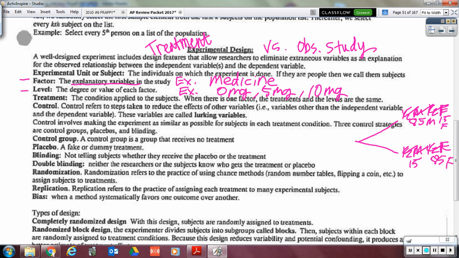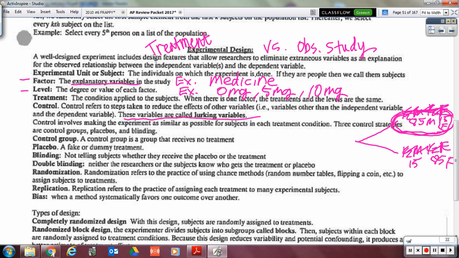What happens if estrogen has an effect on the drug? What happens if this group does better? Can you tell if it's the drug that is fixing it? No, you can't tell. It could be just that they had fewer females inactivating the active ingredient. Okay, that was not a very clear discussion, but there you go.